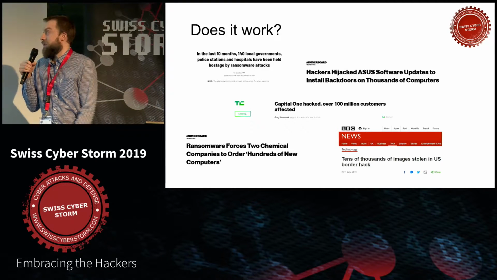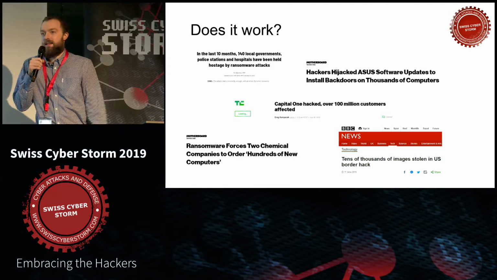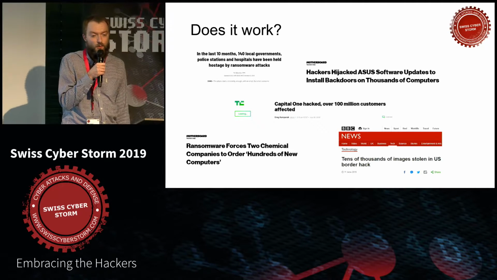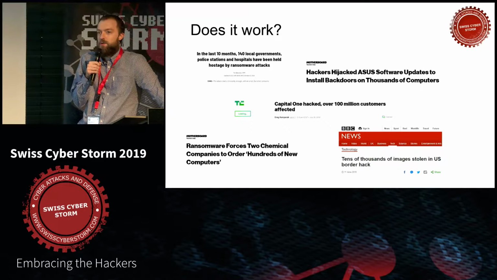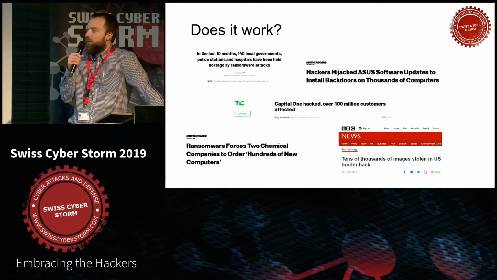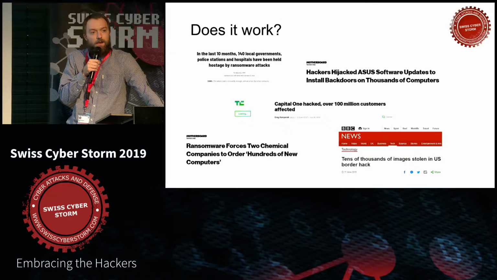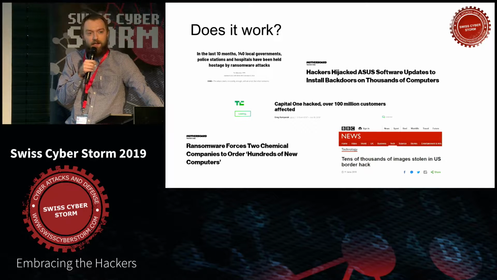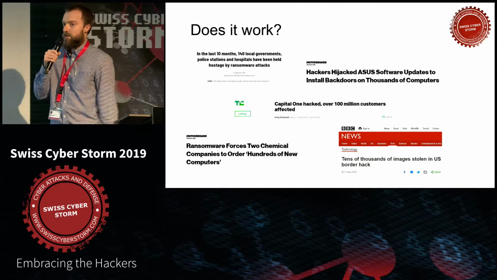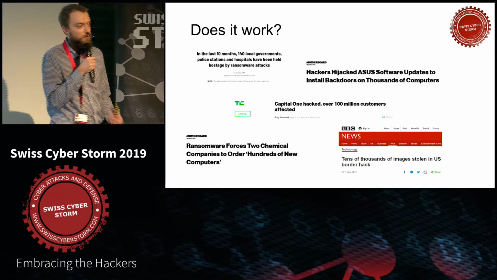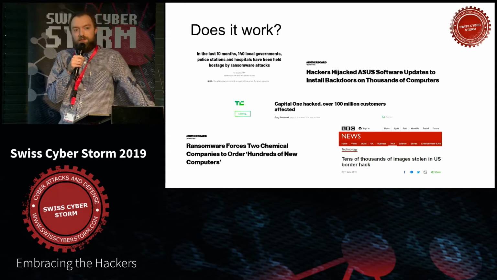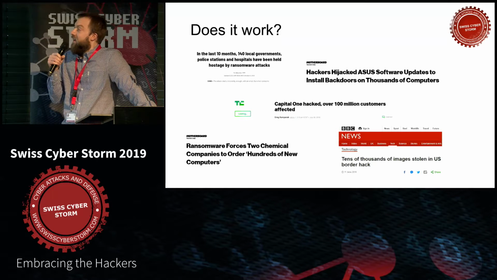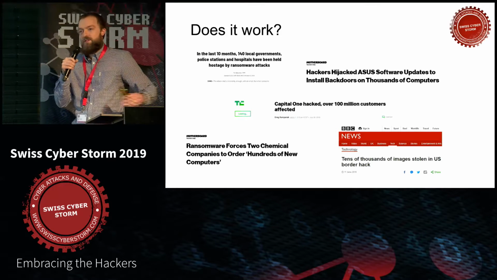And you see big supply chain attacks like against ASOS. You see Capital One here, which is a very interesting example because this is a company that does a lot of things right in security, and they still got hacked by a not overly sophisticated attacker. The attacker responsible for the breach at Capital One was not your APT, Russian, Chinese, North Korean hacker with a big infrastructure and a lot of time.